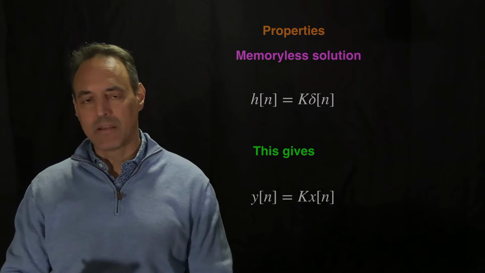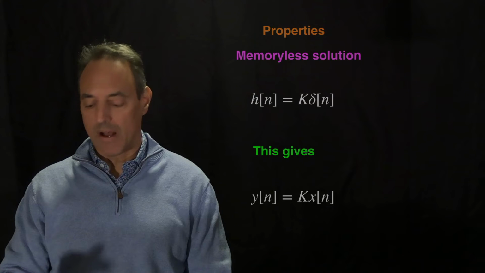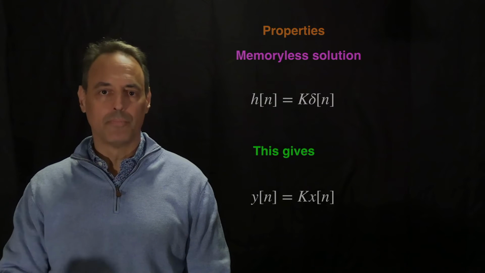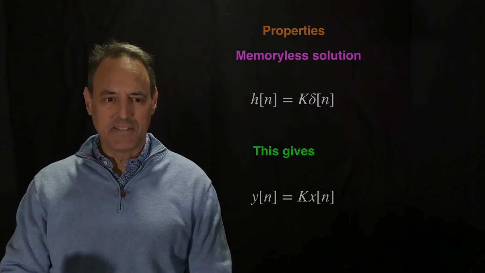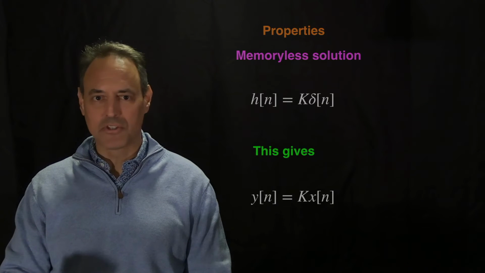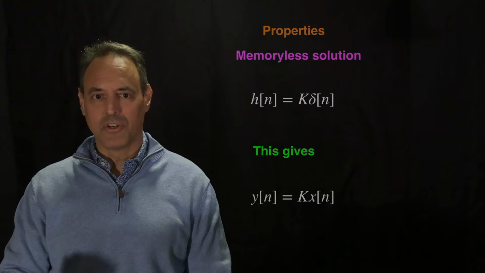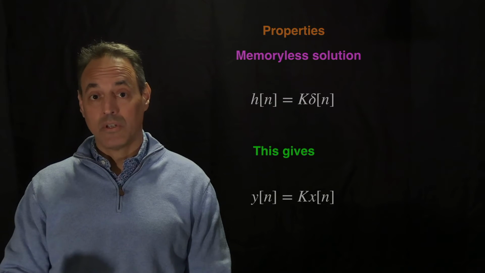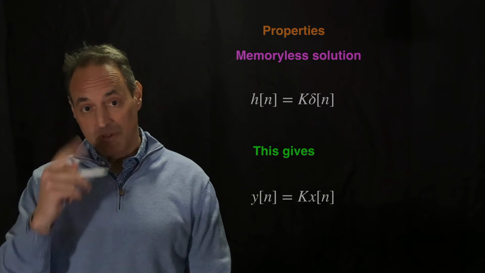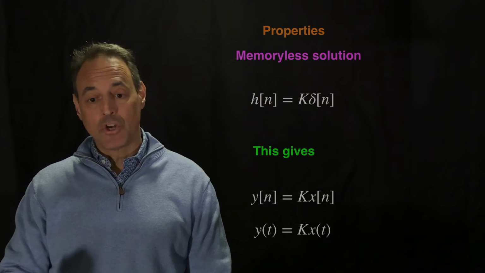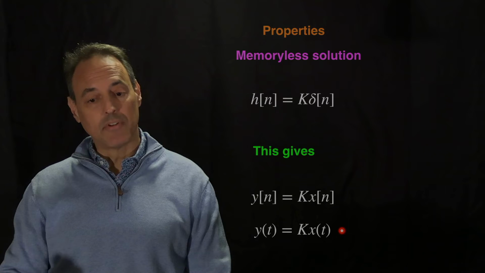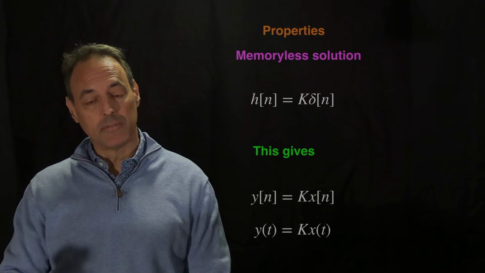So that's a memoryless system. If you have that property, this holds right here. Okay? In some sense, it's the easiest system to consider. There's no time history. You don't even have to do integrals anymore, because those integrals have a delta function in them which sifts the single value out. Okay? So that's in the discrete case, and in the continuous case, it's the same thing.